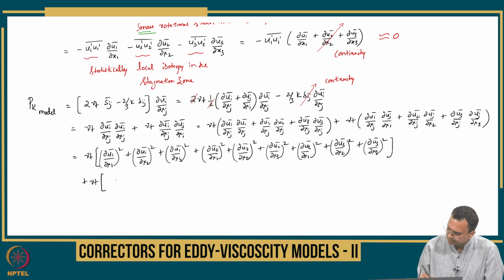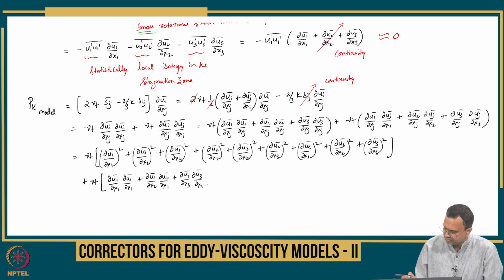which is dou u1 bar by dou x1 dou u1 bar by dou x1 plus dou u1 bar by dou x2 dou u2 bar by dou x1 plus dou u1 bar by dou x3 dou u3 bar by dou x1.